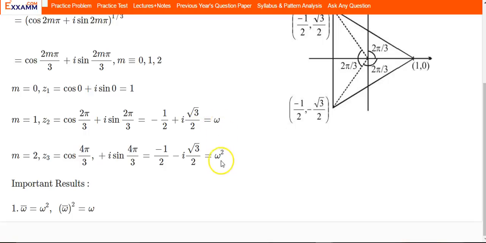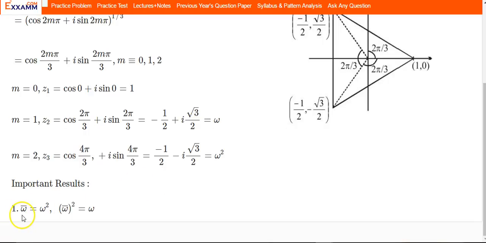So both the non-real roots of unity are squares of each other, and second, they are bound to be conjugates of each other, because complex roots occur only in pairs.